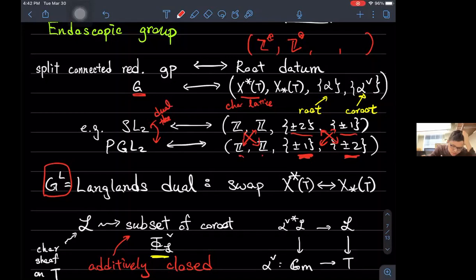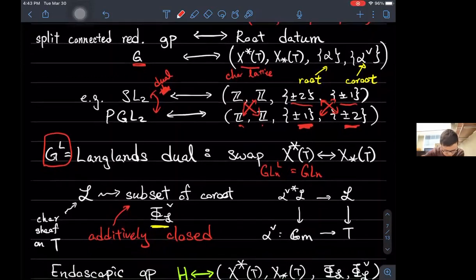You just swap the two tuples, and then you get another reductive group. For the GLn case, the dual is still GLn. So it's hard to see why you want the dual group in the GLn case. But in general, the correct notion should consider the dual of the Langlands group.